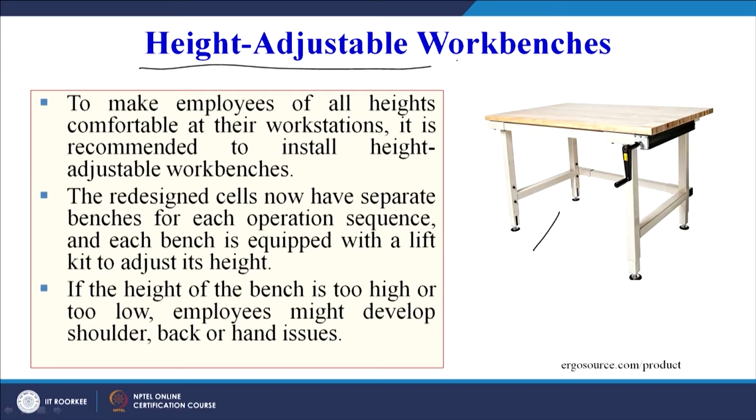To make employees of all heights comfortable at their workstations, it is recommended to install height adjustable workbenches. The redesigned cells now have separate benches for each operation sequence, and each bench is equipped with a lift kit to adjust its height. If the height of the bench is too high or too low, employees might develop shoulder, back or hand issues.